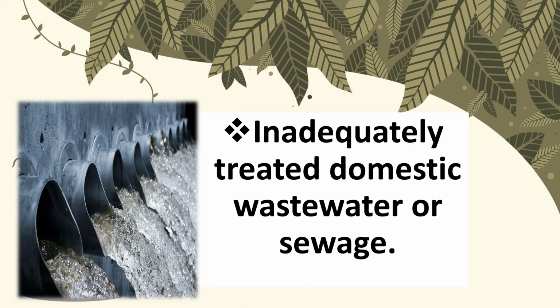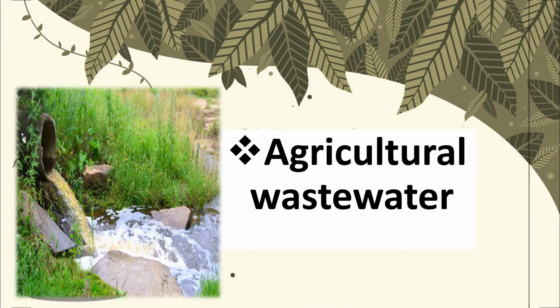The first thing that causes water pollution is inadequately treated domestic wastewater or sewage. The next one is agricultural wastewater, wherein people, usually farmers, throw their chemicals or waste in the drainage, causing the water to be polluted.